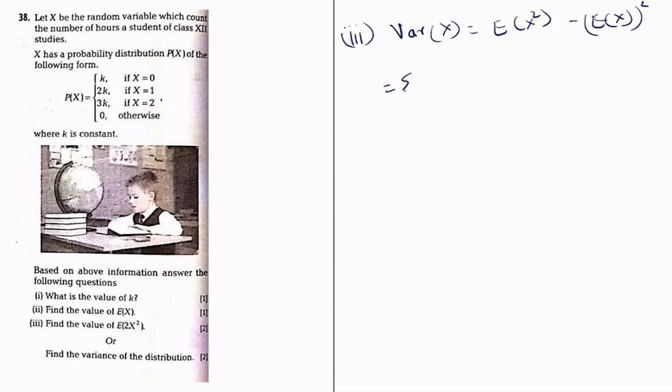So expectation of x square is summation xi square pi, minus expectation of x, which is summation xi pi, the whole square.